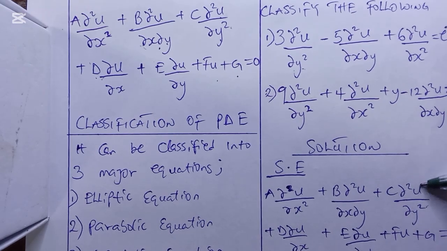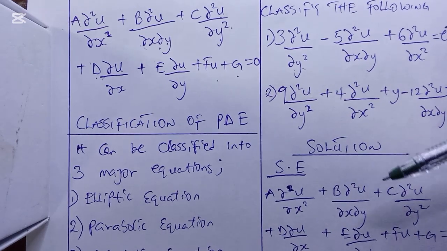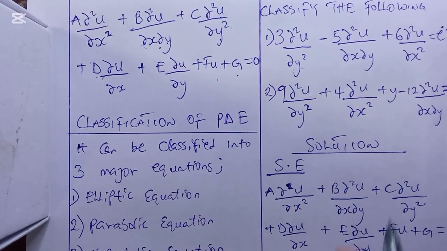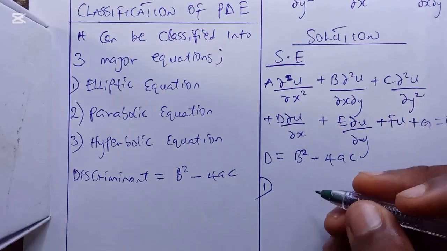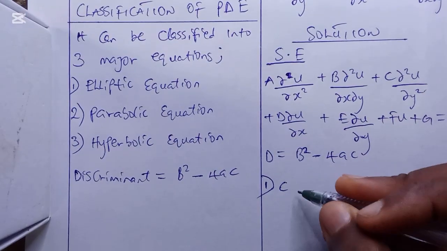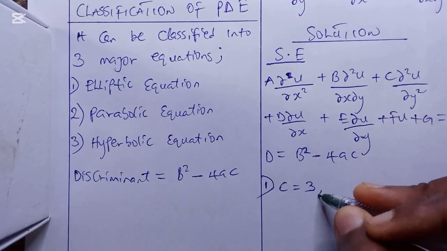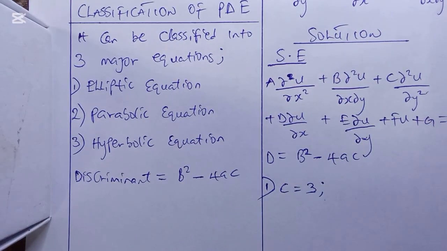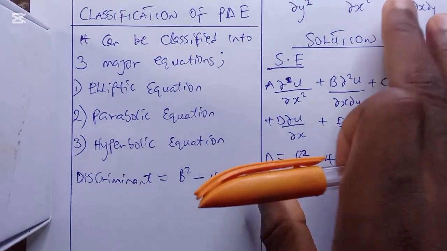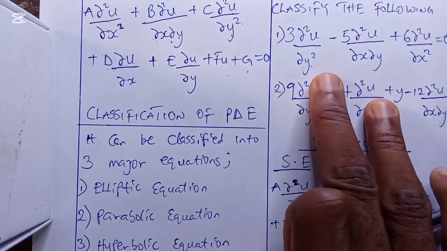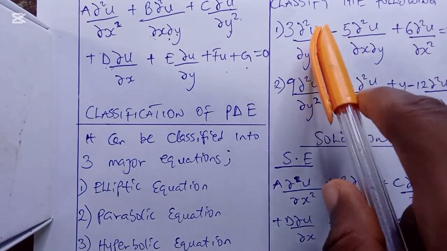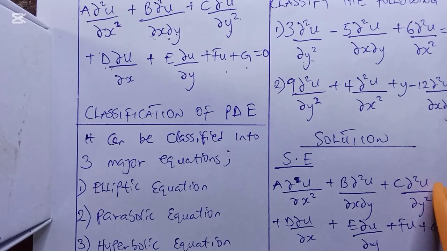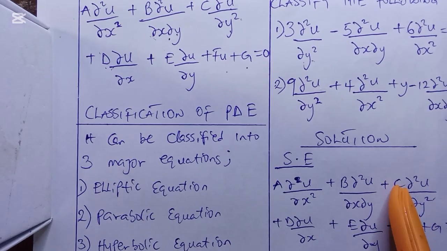If you compare coefficients, you can see that for question 1, our c is equal to 3. Comparing our standard equation to question 1, the first term says 3 partial square u over partial y square, and from our standard equation, partial square u over partial y square is c.